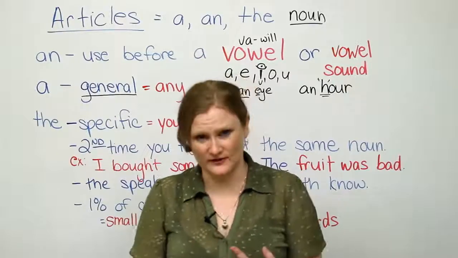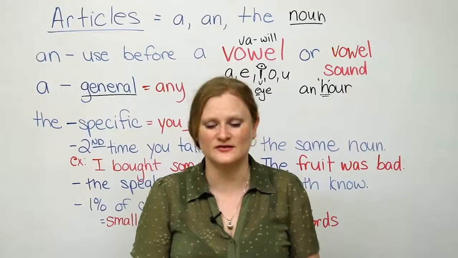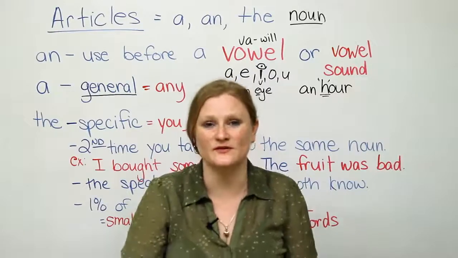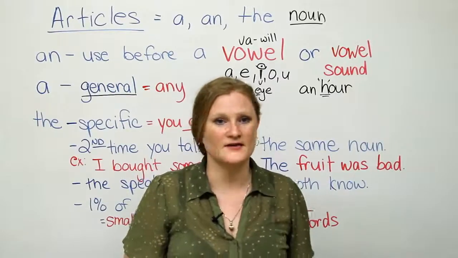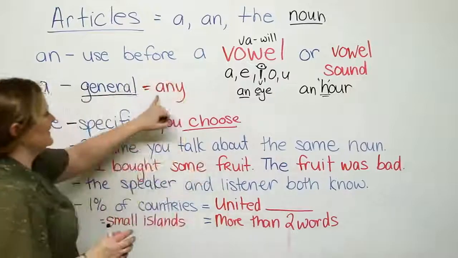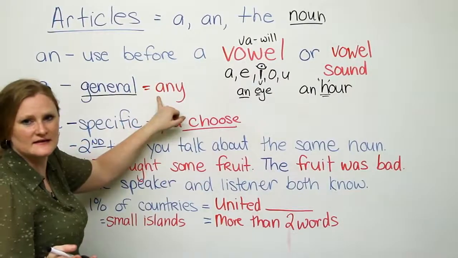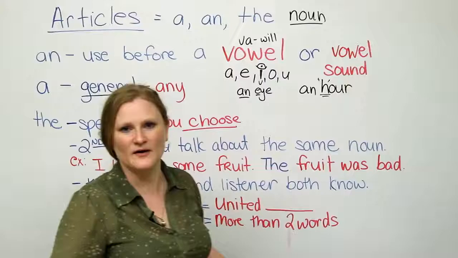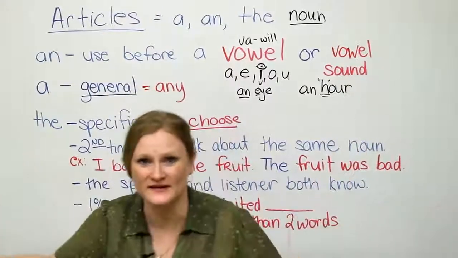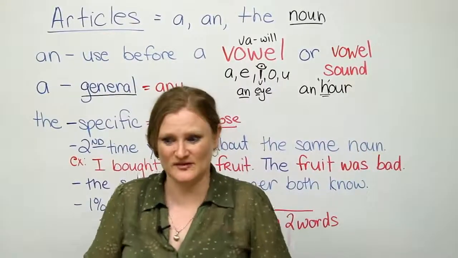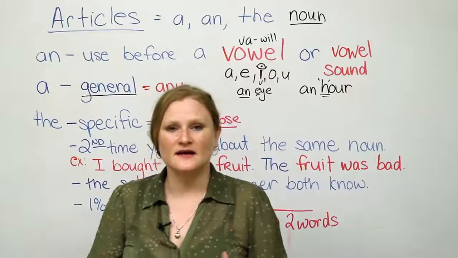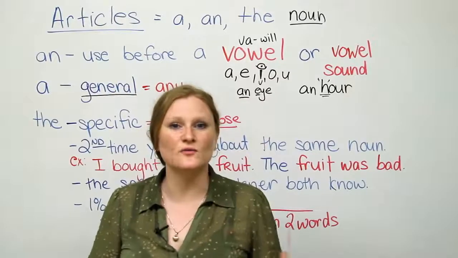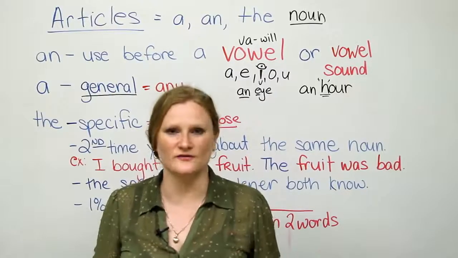You can choose the flavor, but you cannot specifically choose which muffin you would like. It's the same as saying any. It's like saying, "I'd like any muffin. Just give me a muffin. I'd like anything. Just give me something." Okay? It's used for when you don't care which one it is. You just want one of something.